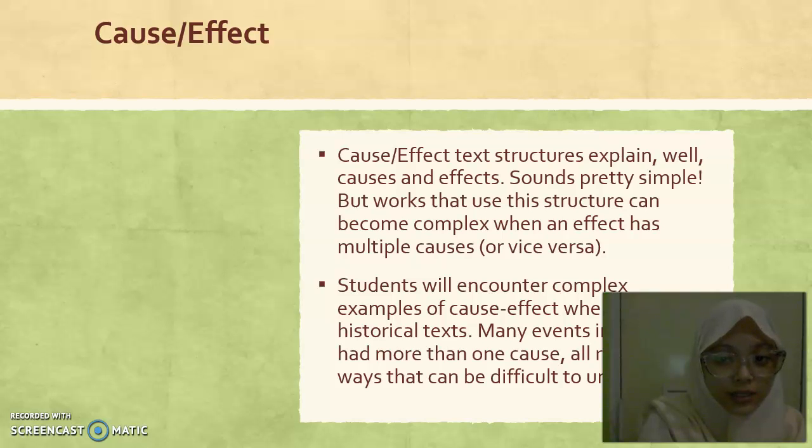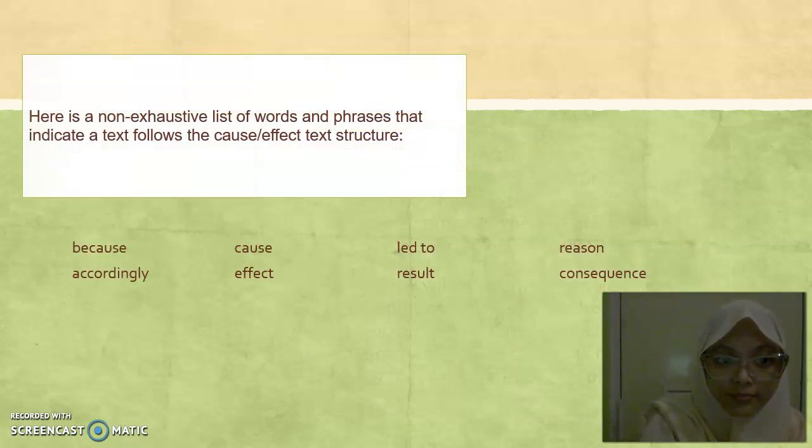Students will encounter complex examples of cause and effect when they read historical texts. Many events in history had more than one cause, all related in ways that can be difficult to unpack. Here is a non-exhaustive list of words and phrases that indicate a text follows the cause or effects text structure.